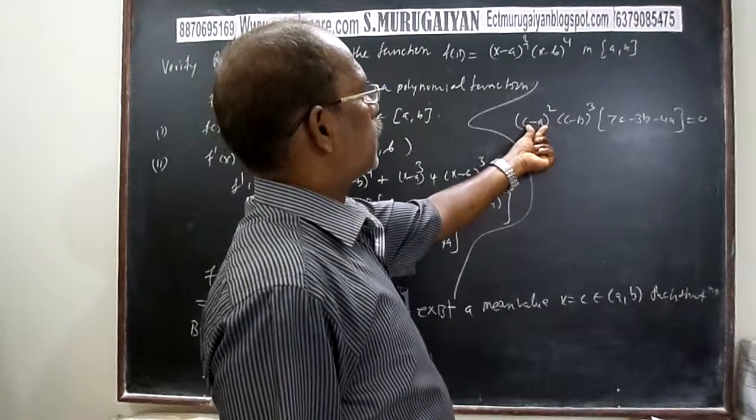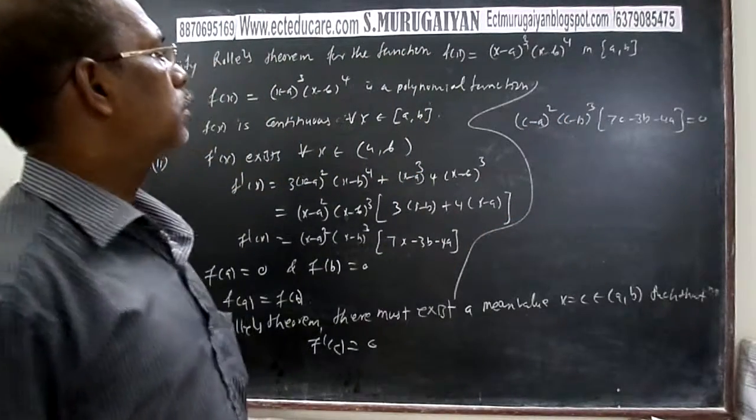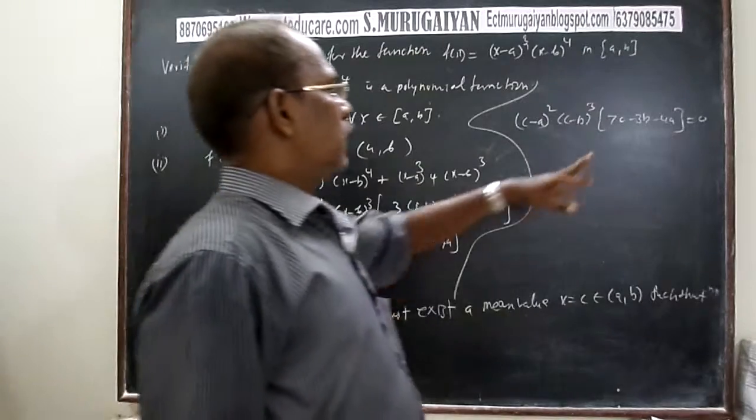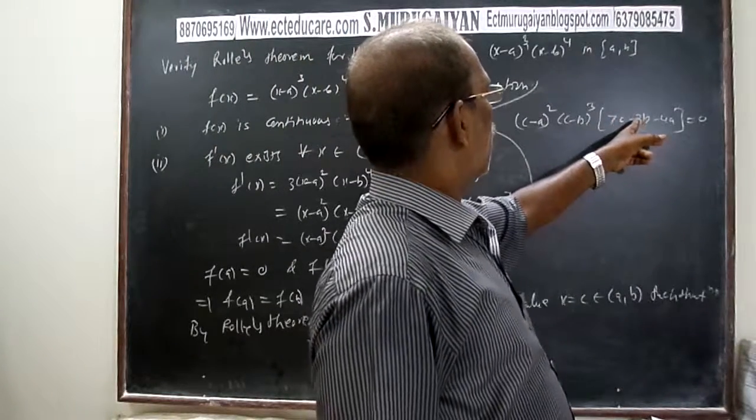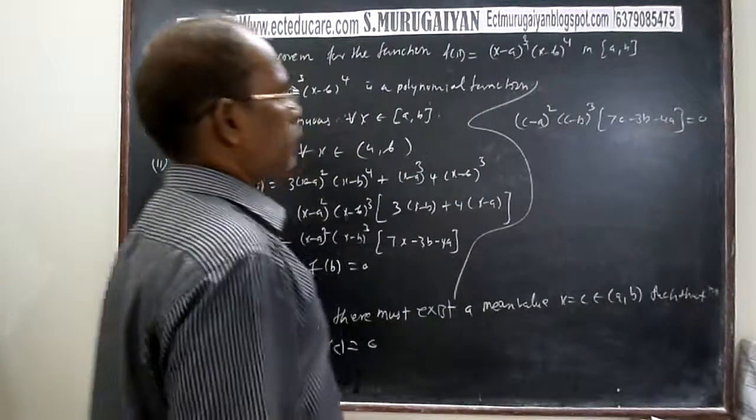Then c minus a is not equal to 0, c minus b also is not equal to 0. Then 7c minus 3b minus 4a must be 0.